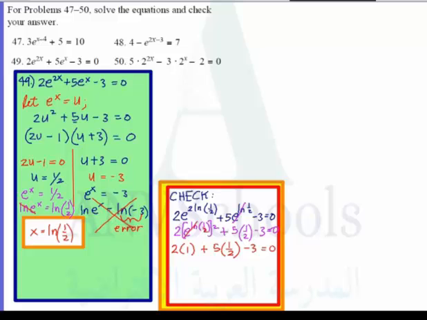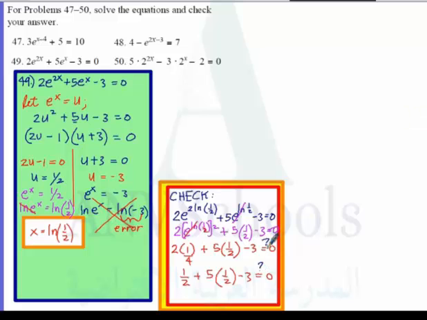Or rather, this is 1/2, so this becomes 1/4, and therefore we have 1/2 plus 5 times 1/2 minus 3, is it equal to 0?